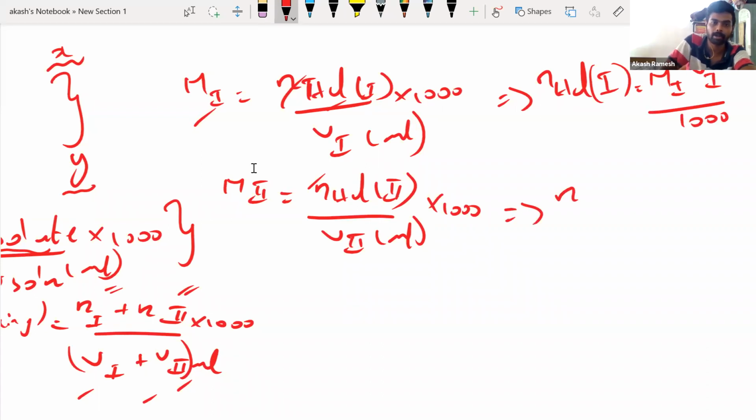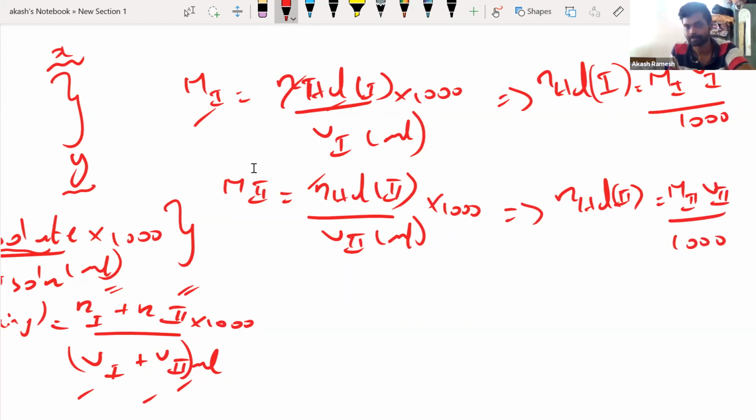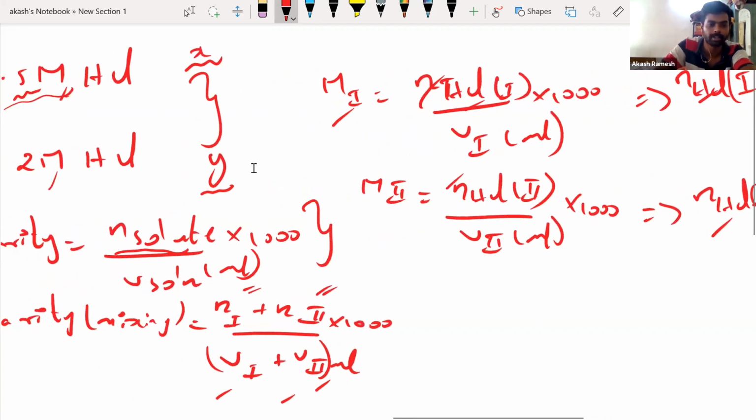Same way, the number of moles of HCl in the second solution would be the molarity of the second solution into the volume of the second solution divided by 1000. Done. Now you can easily calculate the moles in 1 and 2, take down these two values, put them here, and then calculate the molarity.